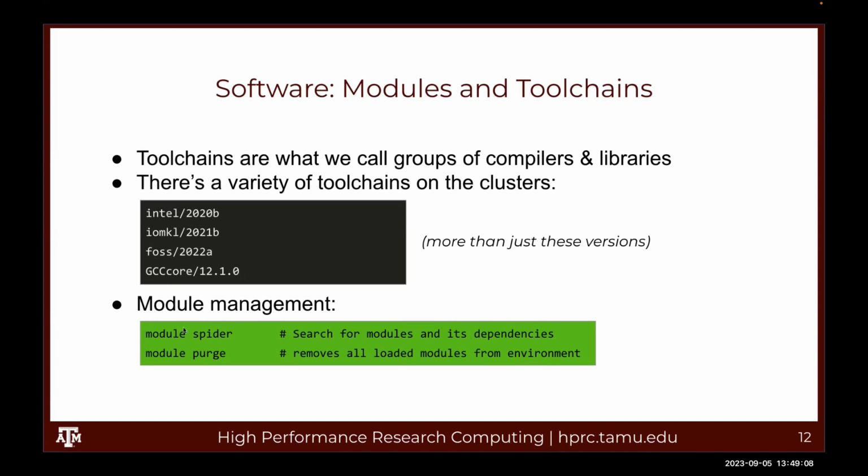So we're going to go ahead and run the module purge command. You can use the module spider command to load information about any sort of module you want. So you can do module spider followed by GCC core, and it'll bring up all the different versions and what its dependencies are that you need to load before, which is following the hierarchical system.